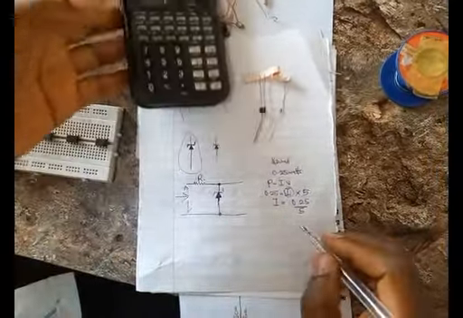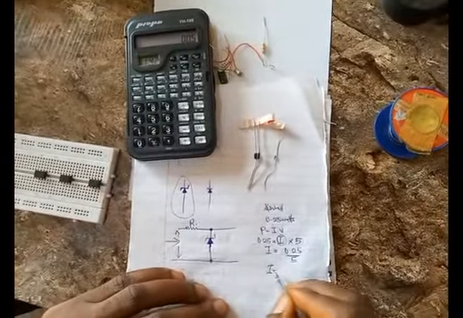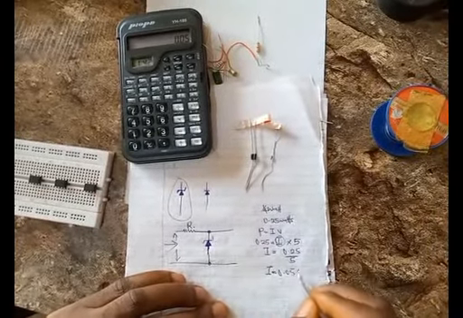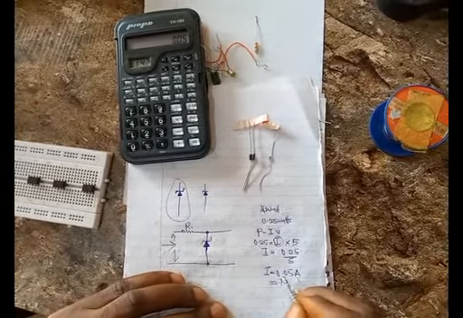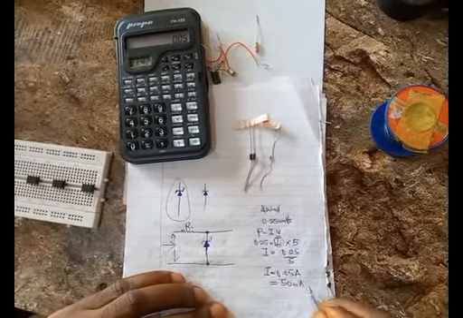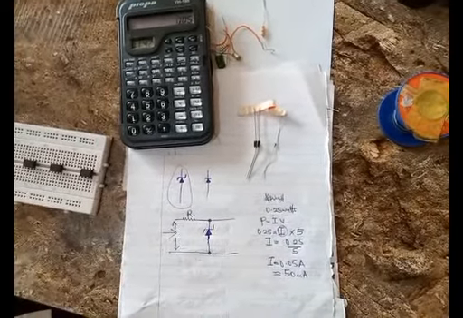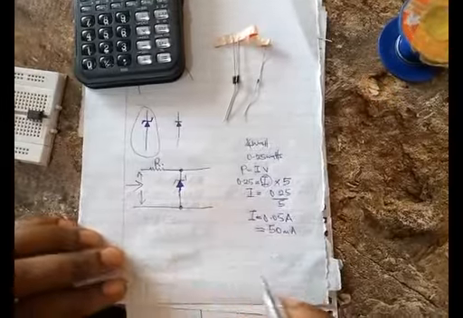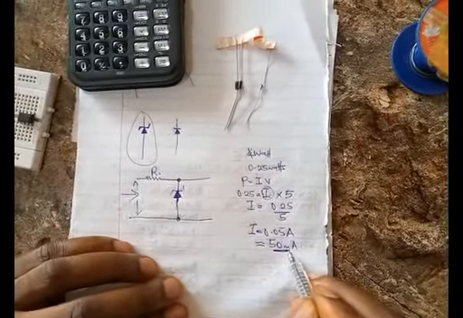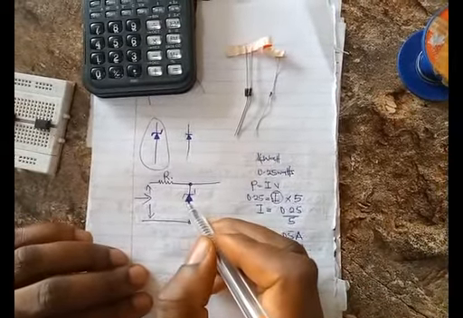That gives me the current would be 0.05 amps, which is 50 milliamps. All right. So now we know that we need to limit whatever current entering into this Zener diode to 50 milliamps. Else, we're going to damage the Zener diode.